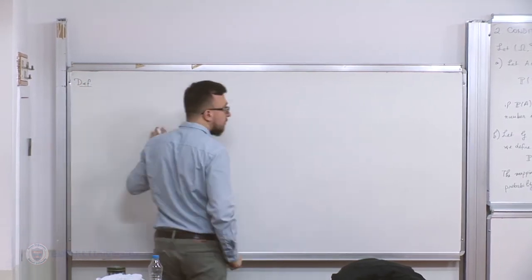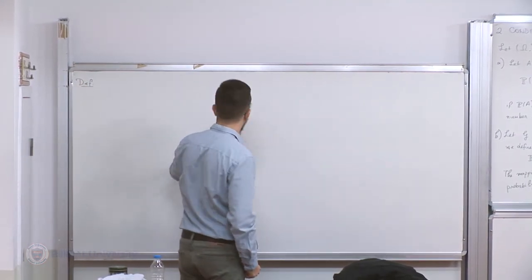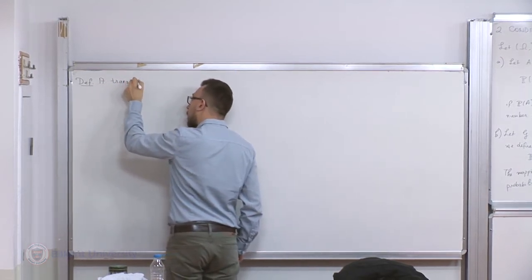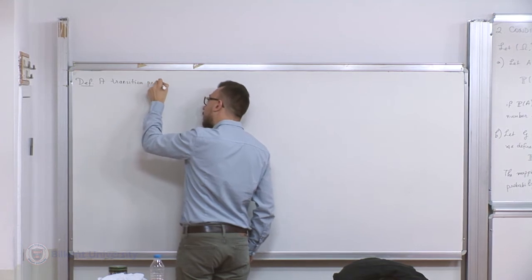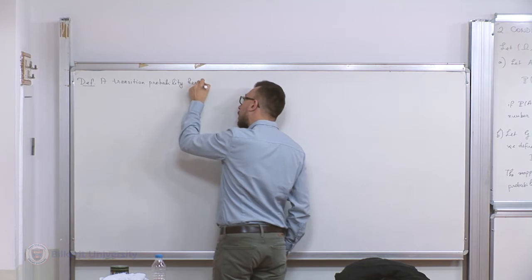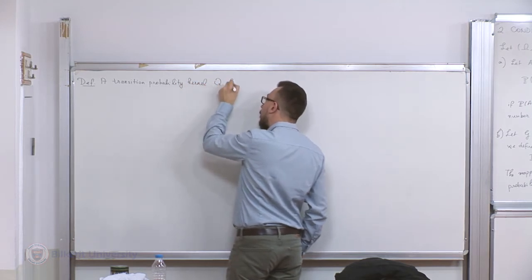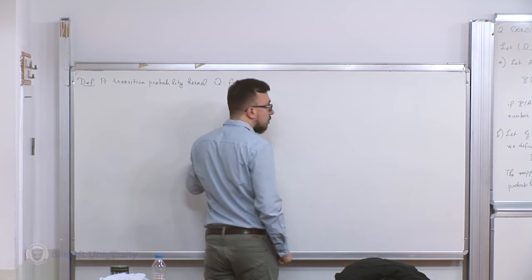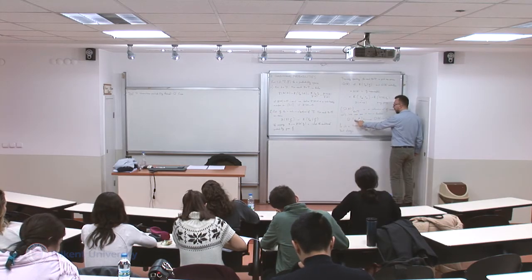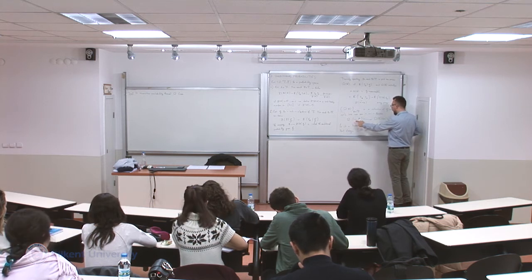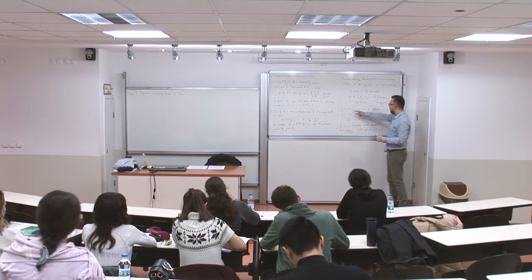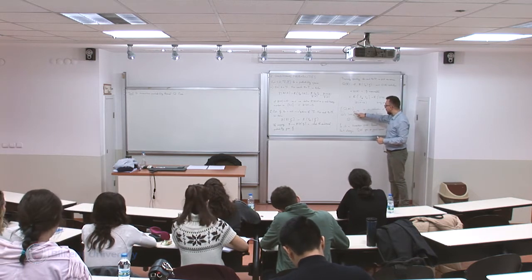So this must be a transition probability kernel Q from where to where? Well, the first argument is omega, and these things are G measurable. This Q of B is G measurable as a function of omega.